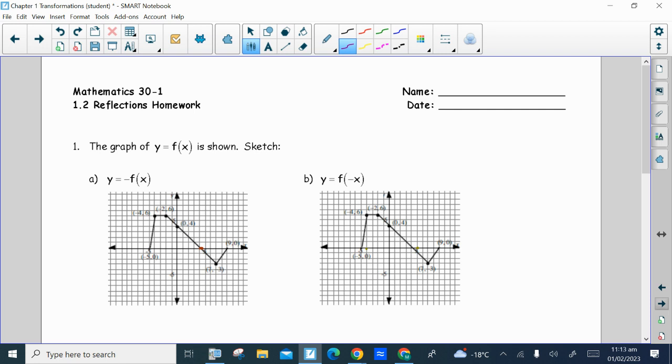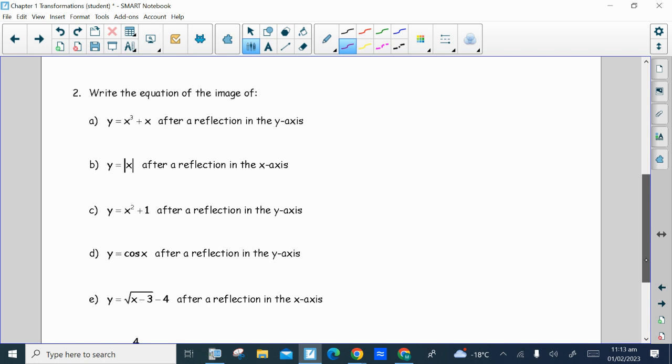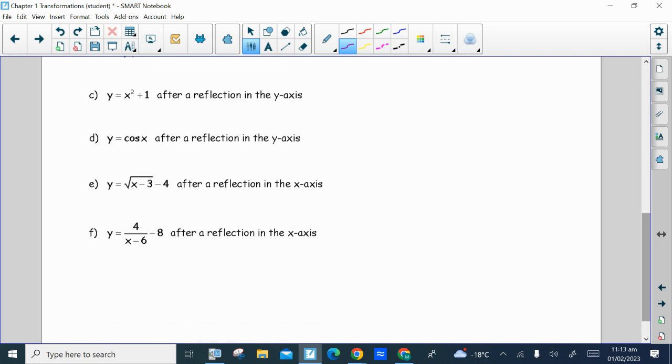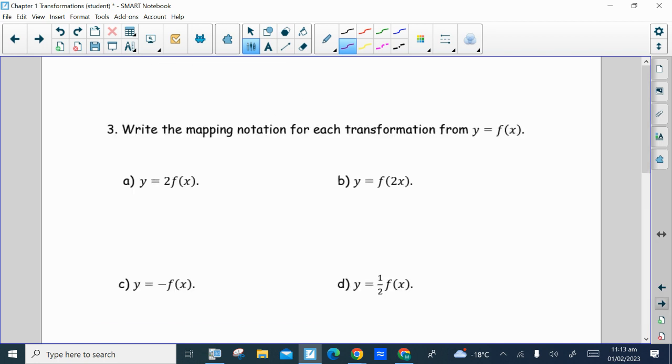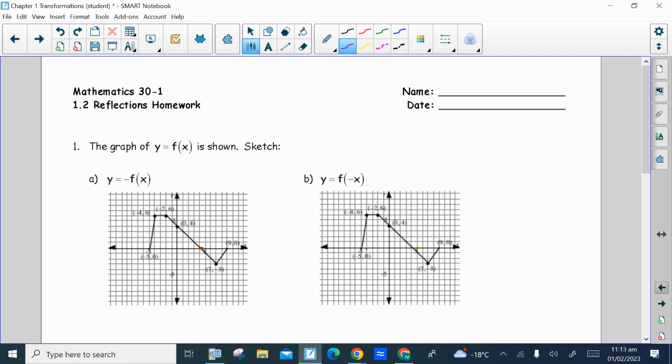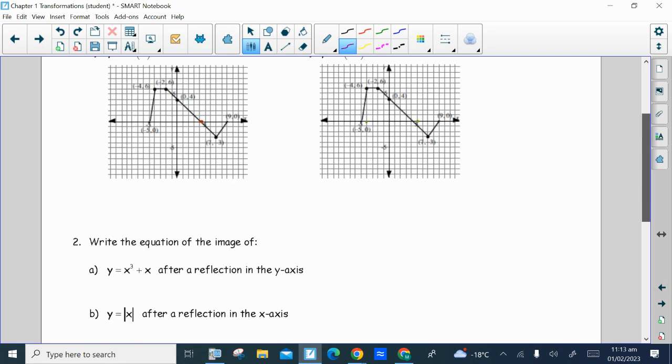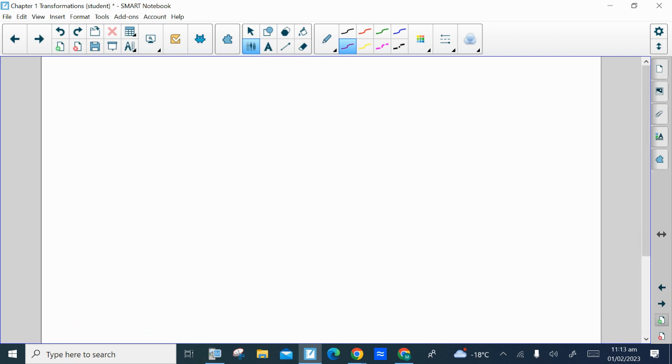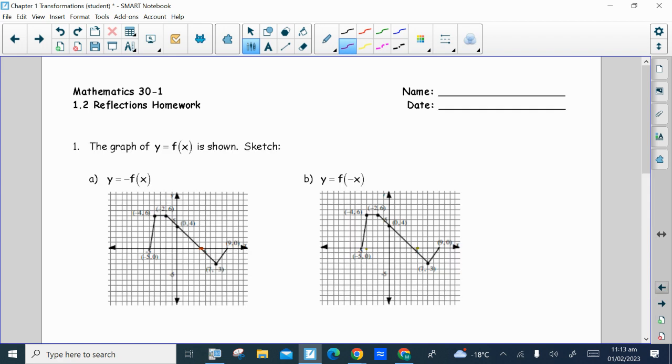So there's an assignment there for you to work on. Again, I will post the solutions to Google Classroom so you can check your answers. There's questions on both pages. And actually, I think in this case, I'm actually going to collect this for marks. So you're going to rip it out of your package.